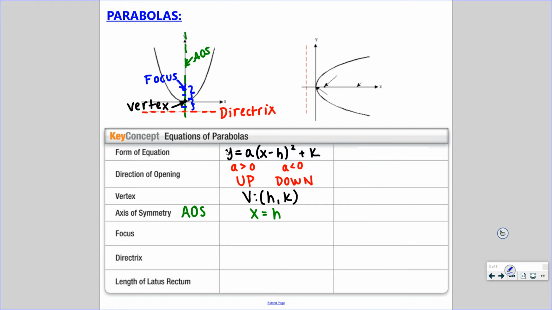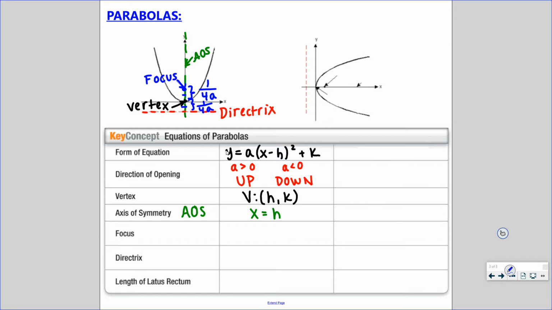So what I want you to label right there: this distance is always going to be 1 over 4a, a meaning whatever this number is. Okay? 1 over 4a. So let's say the focus is 6 units above my vertex. That means this directrix, this horizontal line, would be 6 units below my vertex. Make sense? Sure. Yep. Okay, so here's the equation for the focus.